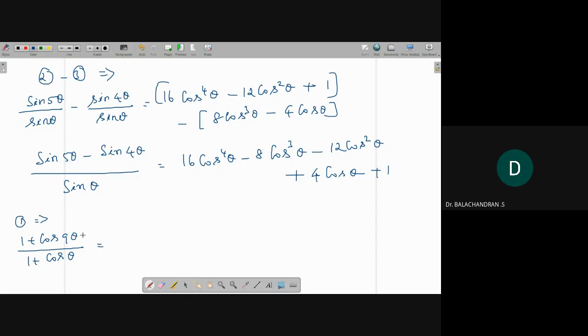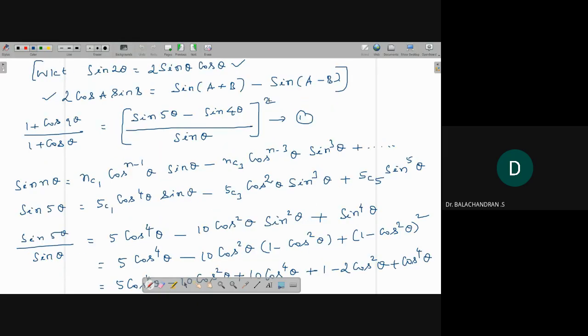That is equal to 16 cos power 4 theta minus 8 cos cube theta minus 12 cos square theta plus 4 cos theta plus 1 whole square. Because here we have what? Square.